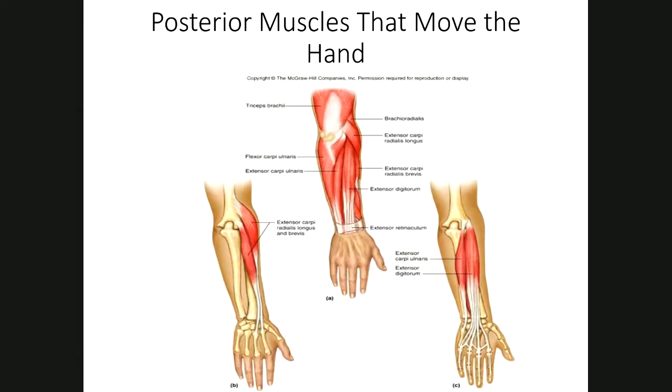Let us come to the back muscles of the forearm. Also, we will have our same landmark, which is the brachioradialis. Then the second one will be extensor carpi radialis longus. Then extensor carpi radialis brevis. Then extensor digitorum, and the last one will be extensor carpi ulnaris.